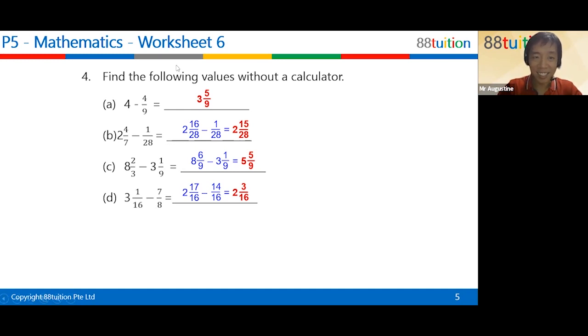Do you all see that mixed number that was used? Let me circle it in red. So you've got to do a little bit more work just for this mixed number so that you can easily subtract the numerator, 17 minus 14.